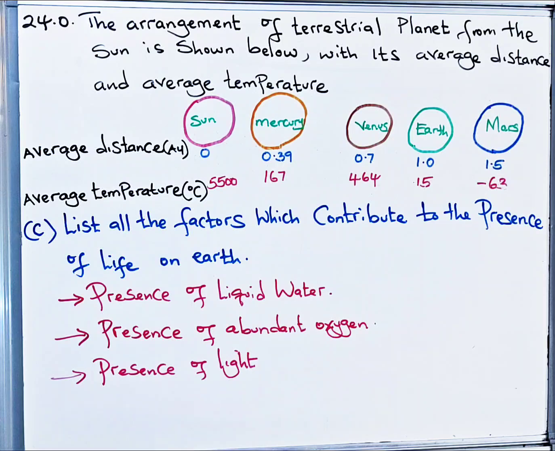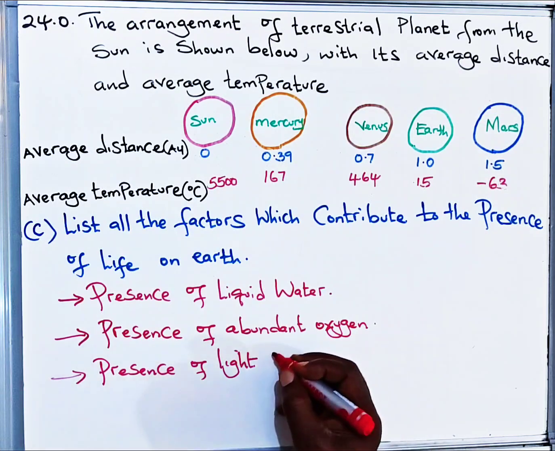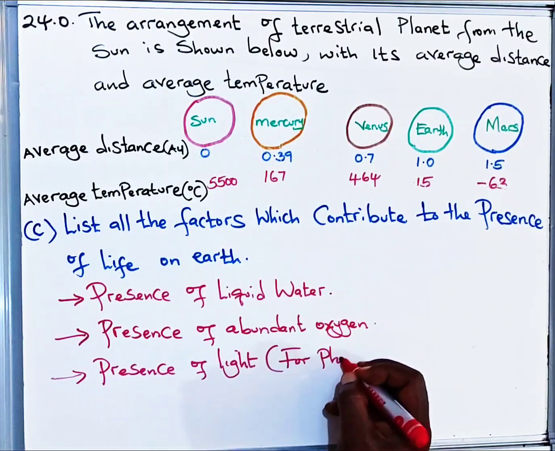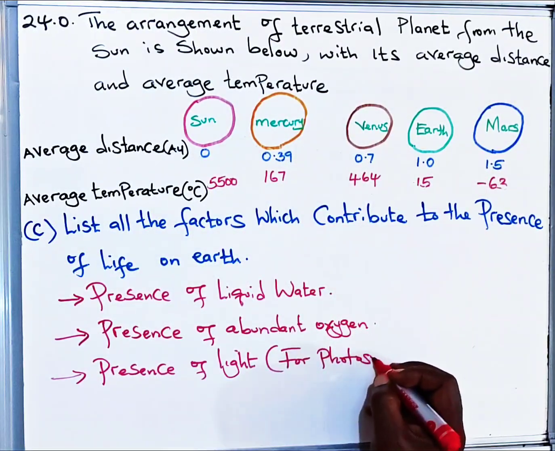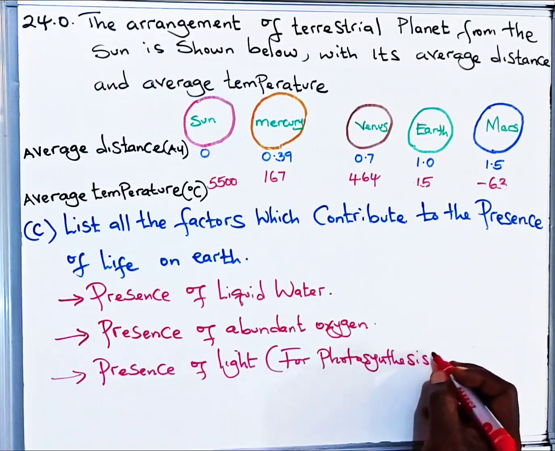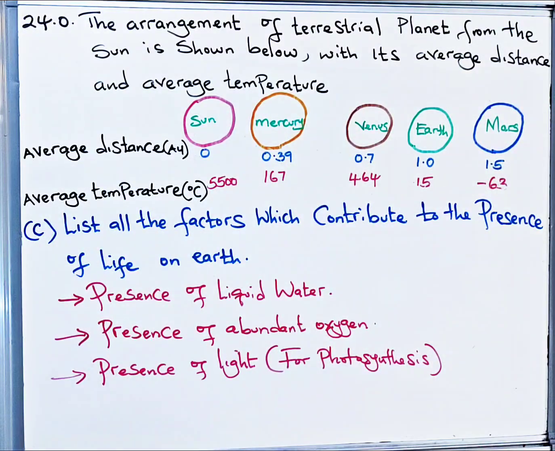Light is very fundamental, because it facilitates a process called photosynthesis, the process by which green plants manufacture their own food. The manufactured food is essential for survival of all living organisms.